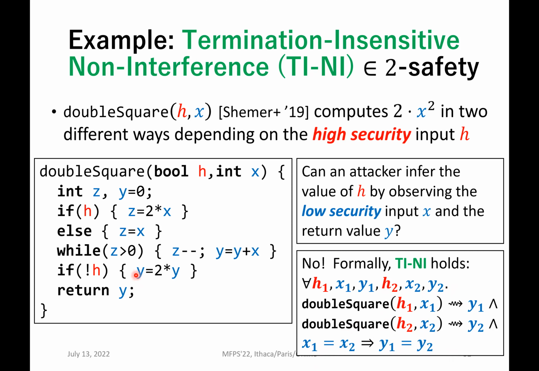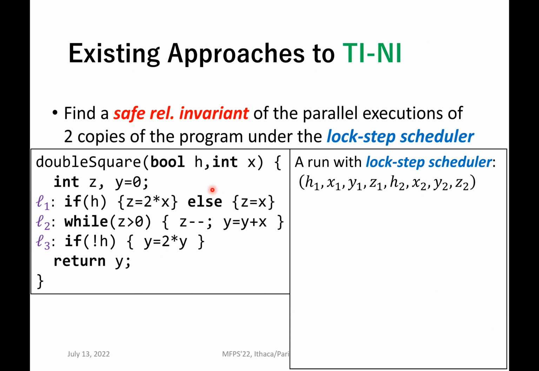So please note again that the number of loop iterations differs depending on h and x. So the alignment matters. In our terminology, we need to synthesize an appropriate scheduler.